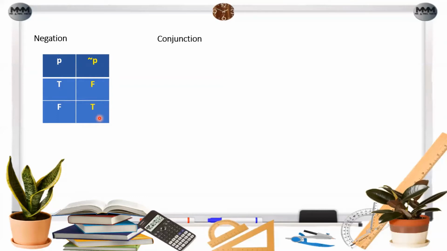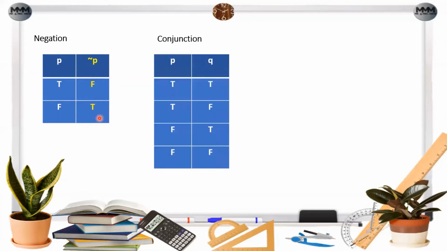Now let's proceed to conjunction. For conjunction, let's consider first the two propositions, P and Q. So we have here different truth values of the propositions. Here, P is true and Q is true.